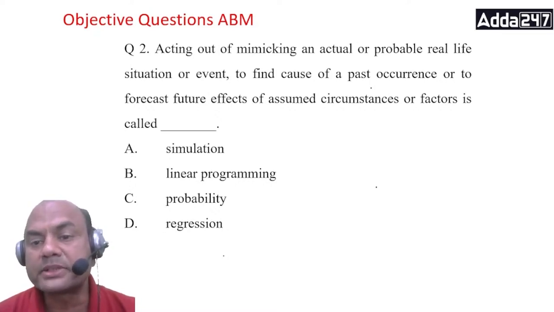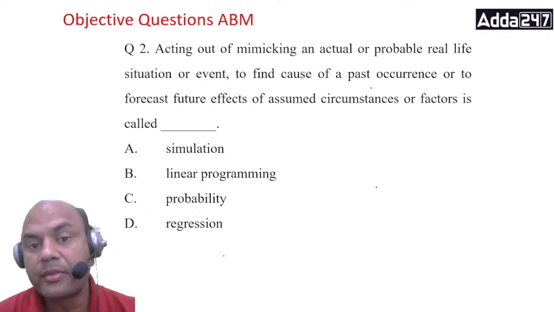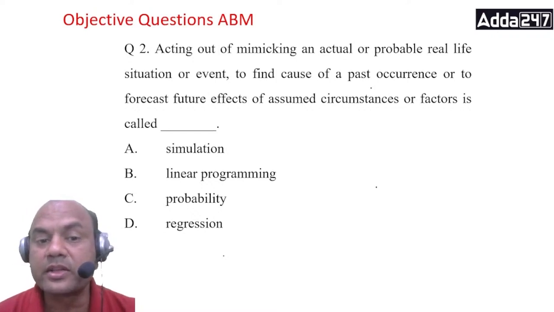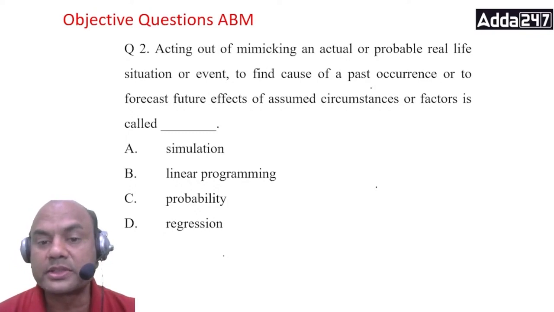To find out the past occurrence means what had happened in the past, or to forecast the future effects, considering the various scenario analysis or factors. The options are simulation, linear programming, probability, regression.